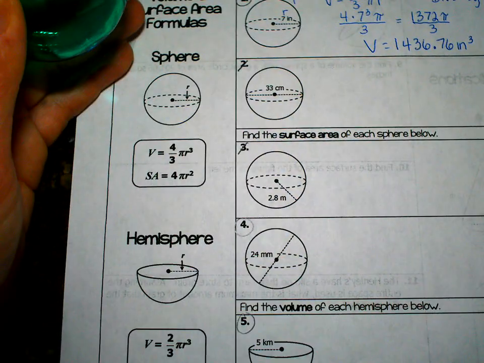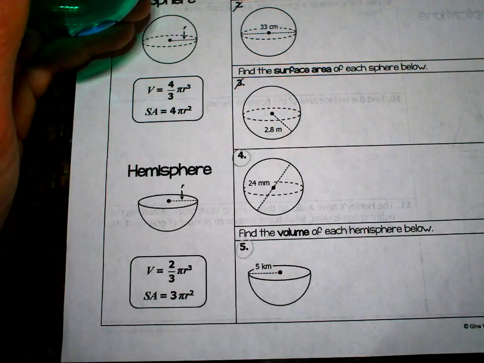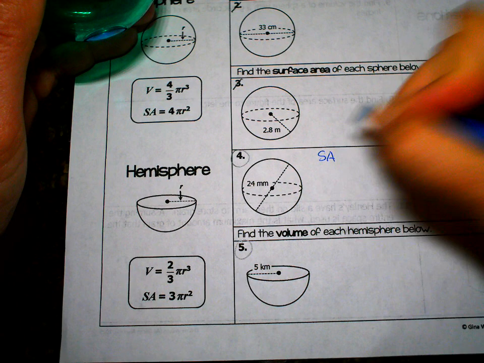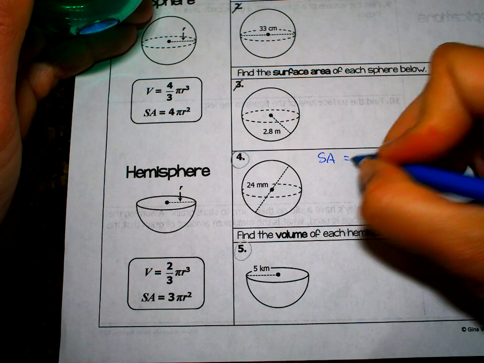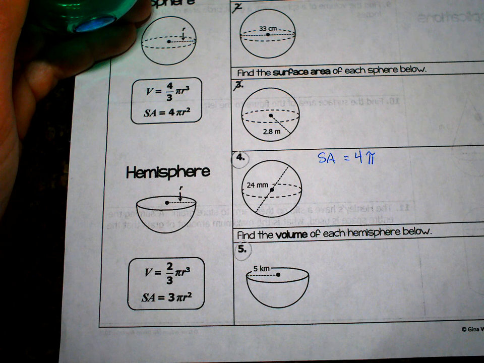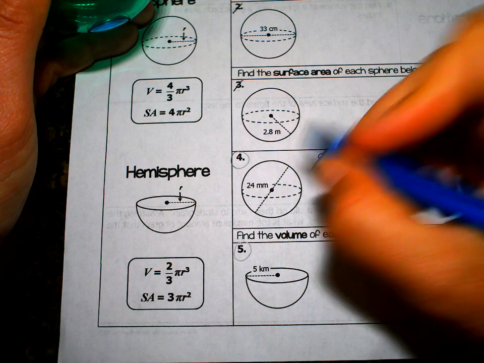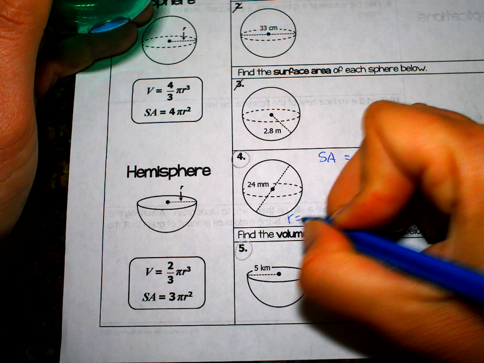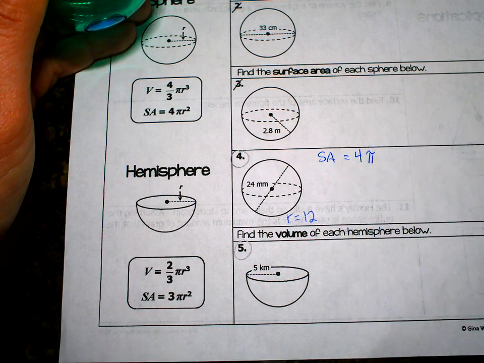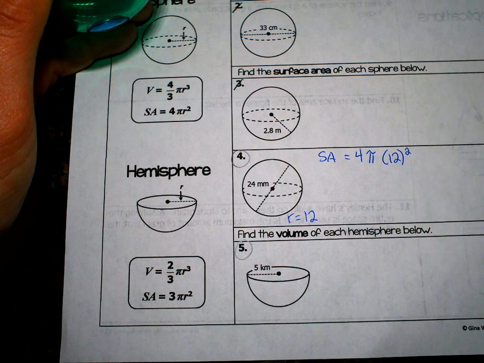So here we go, surface area. It is 4 pi r. Oh, the diameter is 24. What's my radius? Half. Radius equals 12. 12 squared.